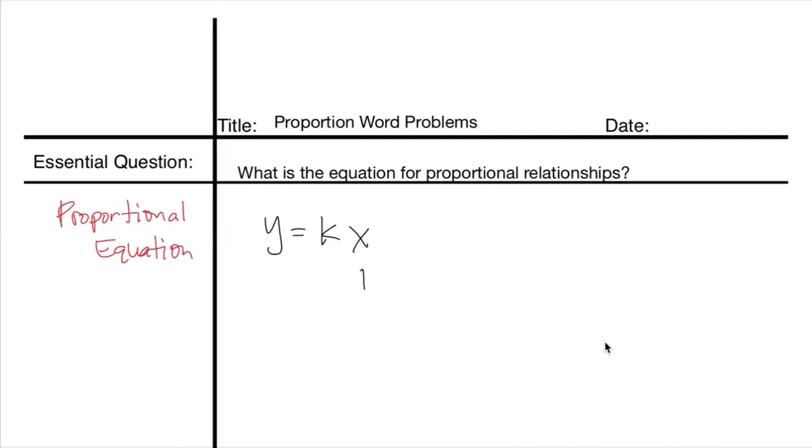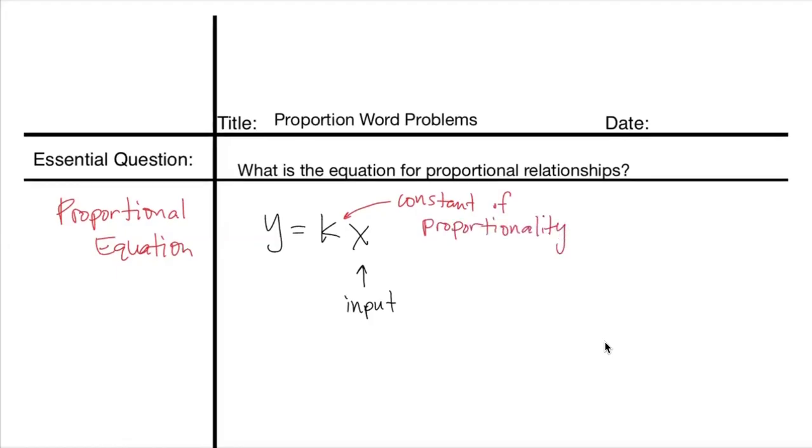So x, that is the input. That's the value that's on the x-axis. k, if you remember, is our constant of proportionality.